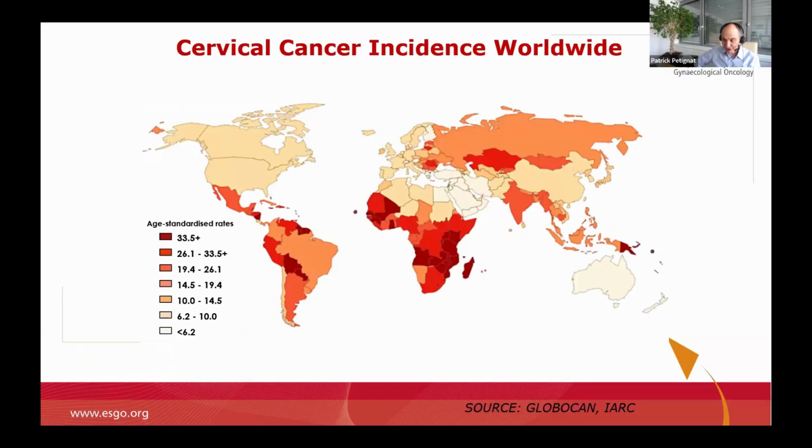As you see on this map, the global distribution of cervical cancer is mainly in the South, and especially in sub-Saharan Africa. The burden of the disease is essentially in this area.